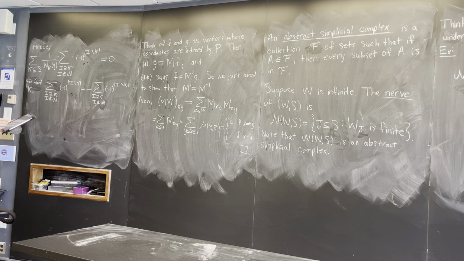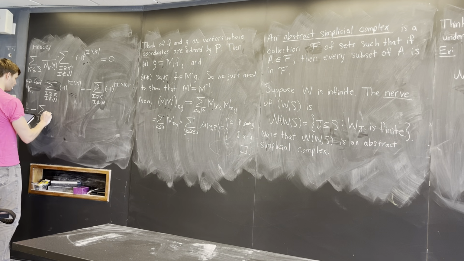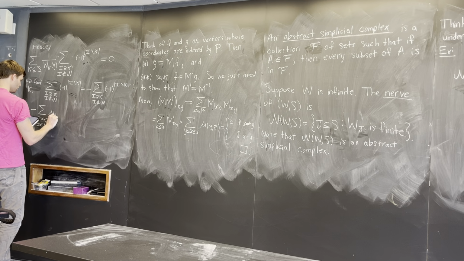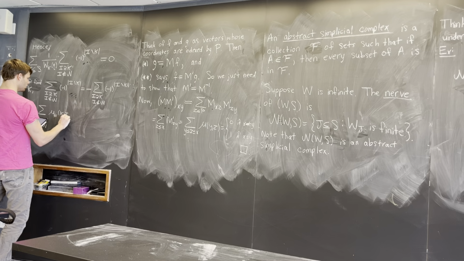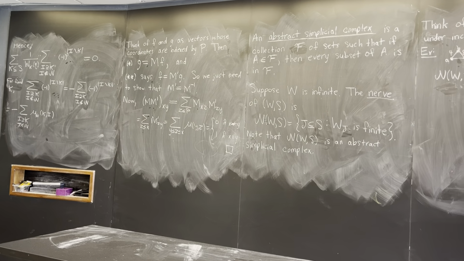But what is this? This is the negative of the sum over I containing k, I in the nerve, of the Möbius value of k comma I. That's just because of this.